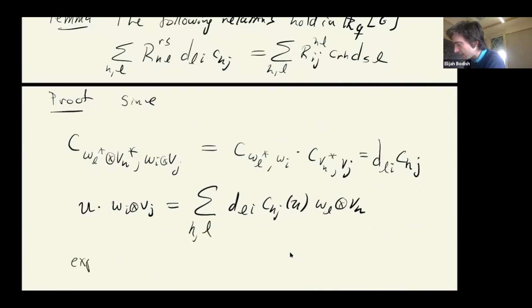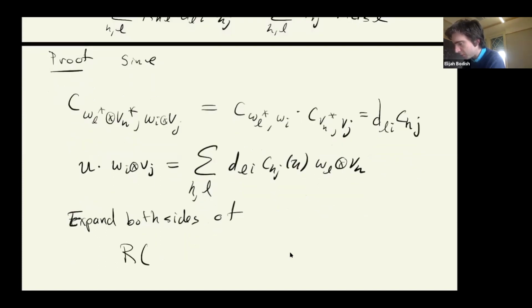And then I can expand both sides of this equation, R of u acting on W_i tensor V_j and u acting on R of W_i tensor V_j.